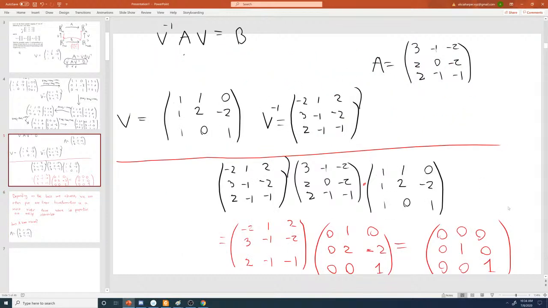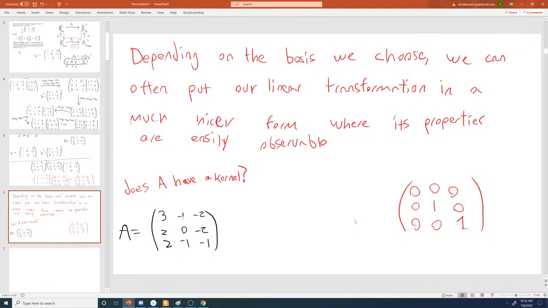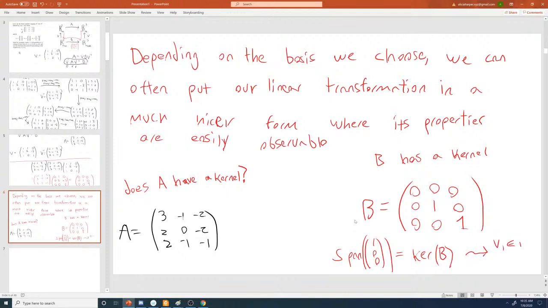On the other hand, if we look at the matrix B, which we computed, we see immediately that the matrix B has a kernel. And in fact, the vector 1, 0, 0 spans the kernel. So this tells us, consequently, that V1 is in the kernel of L.